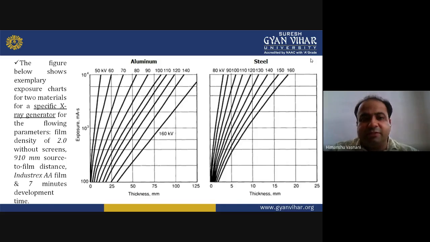With these variables, they have got these exposure charts for the two materials.